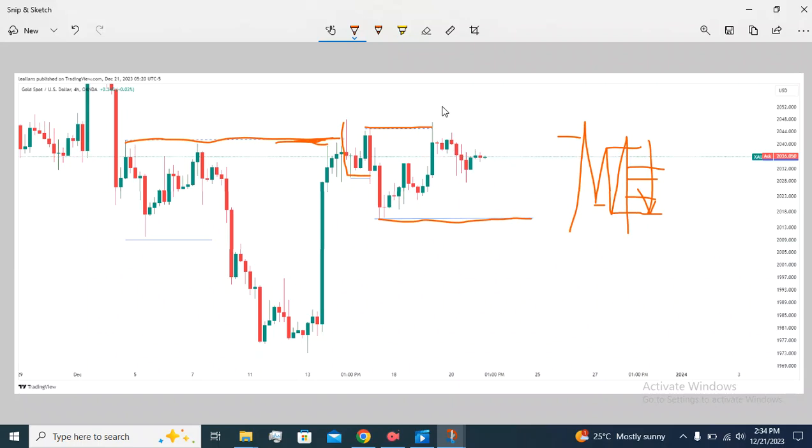Yes, and we can see the market just reacted on it. As long as this high has not been taken, this is where we set our stop loss, right above there, considering the spread of the broker you're using. So the market reacted on this high, and we are moving downwards to take this lower low.